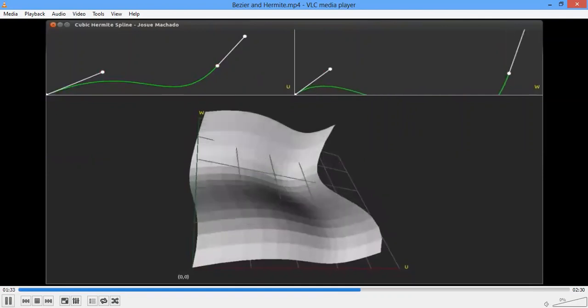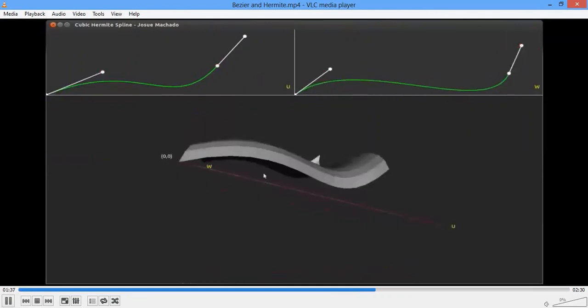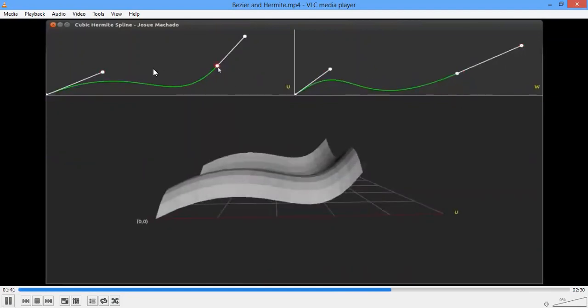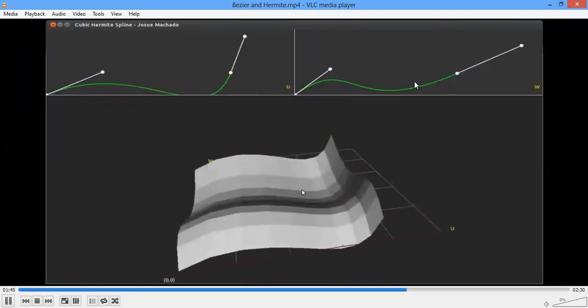Accordingly, it's going to change its surface shape entirely based on the shape of the curve in the U direction as well as in the V direction. Similarly here also, as we change the number of parts, the finish of the surface is also going to vary.